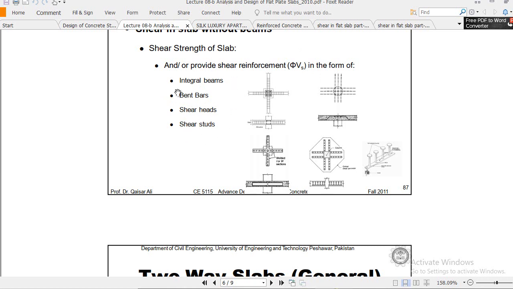These are the different arrangements we can provide to control shear in a flat slab system.